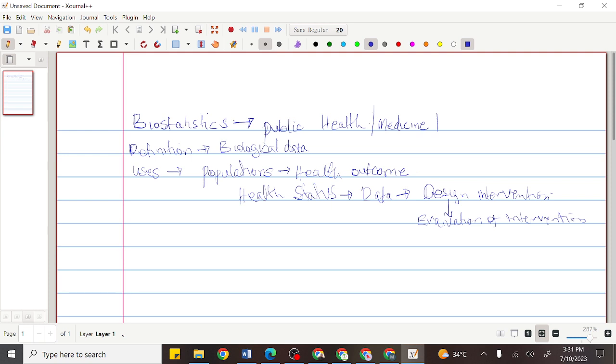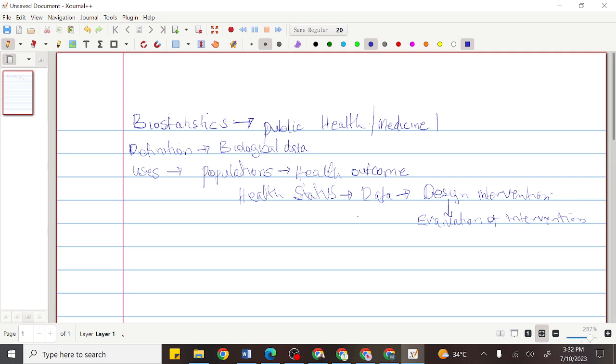Okay, so remember, we have just said that understanding data allows us to know the level of health of given populations, and that knowledge can be used to design interventions that are appropriate to address the health problems that a given community is actually facing. But also we use data to evaluate whether interventions are efficient and effective.